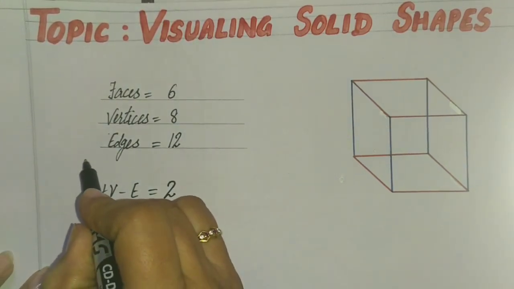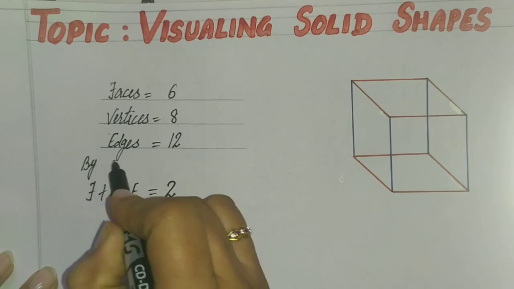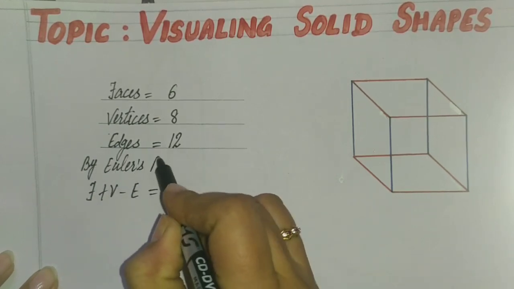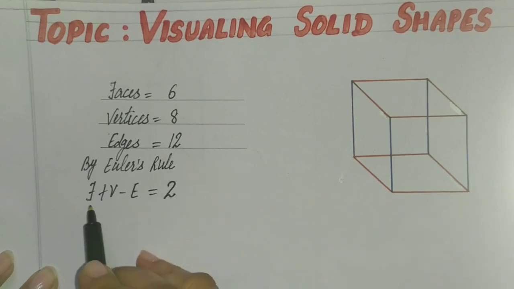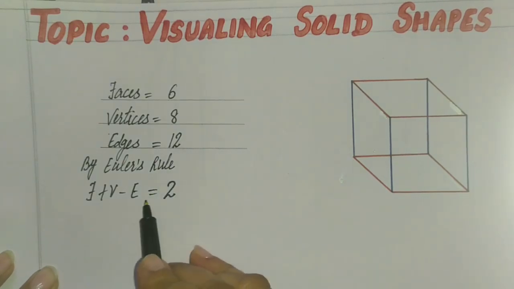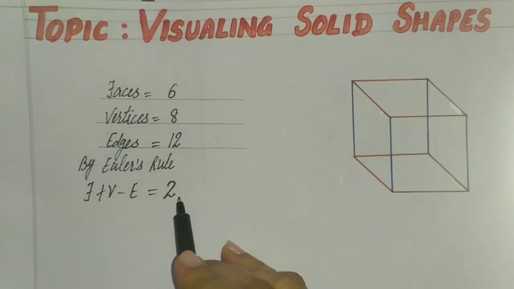So this is called Euler's rule. By Euler's rule, faces plus vertices minus edges is equal to 2.